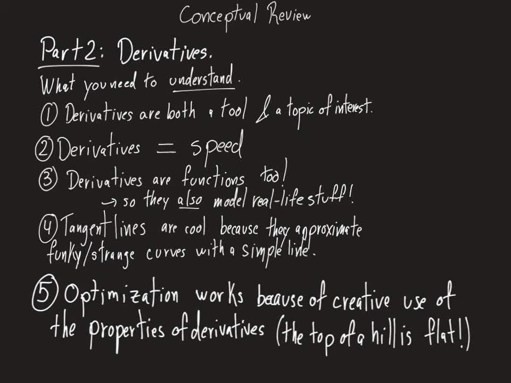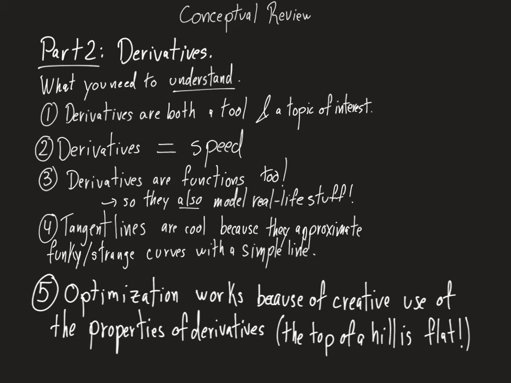So hopefully this helps put into perspective a little bit what it is about derivatives that is so important, why somebody like me at least can get so excited about them, even if this stuff looks boring or feels kind of lame to you guys. But also what the basic ideas are. Derivatives are just speed. That's all they are, right? They're functions in themselves. So they're a tool and they're a topic depending on the situation.